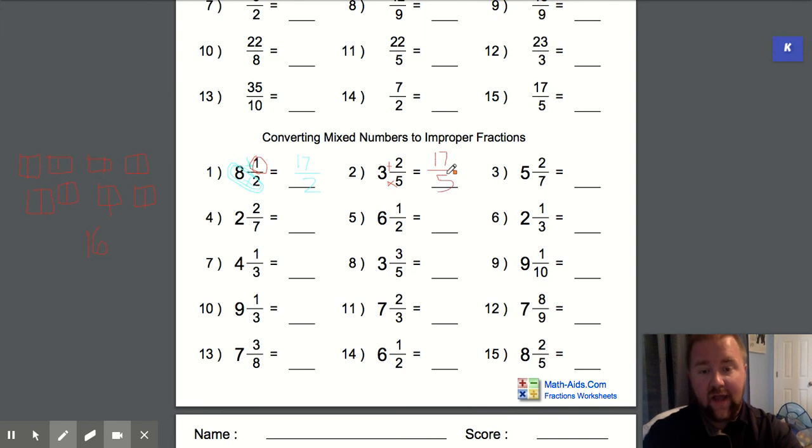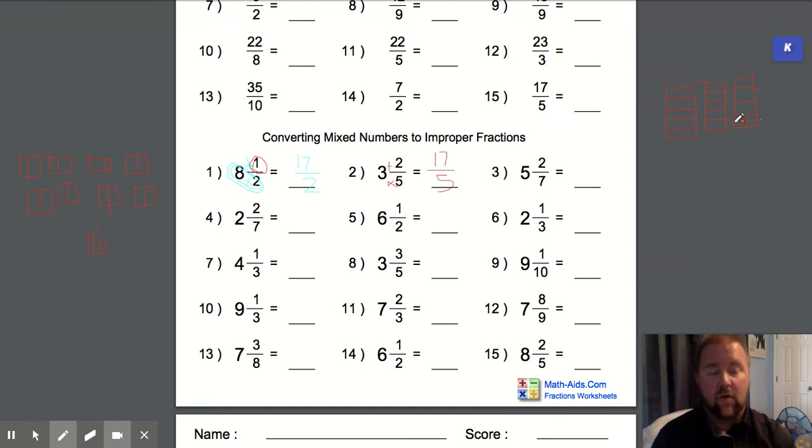All right. And again, if we were to draw this picture, you would have 3 wholes, 1, 2, 3, and they're all fifths. So 2, 3, 4, 5, 2, 3, 4, 5, 2, 3, 4, 5.